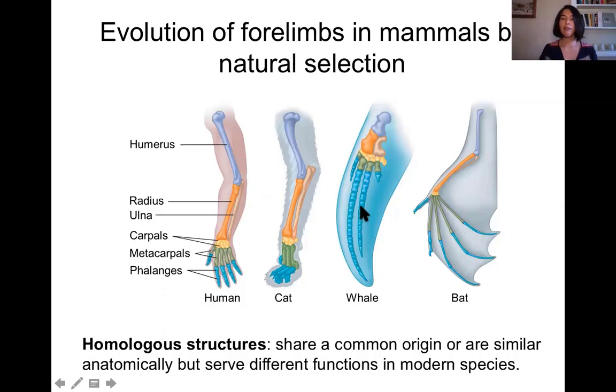Whales have these homologous structures that they use to swim, and bats have these structures that share the same origin, but they use them for a different purpose. They use them to fly. So you see, they share the same common origin, and they might be different. So those are homologous structures.